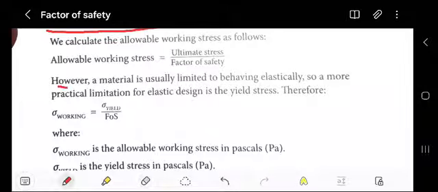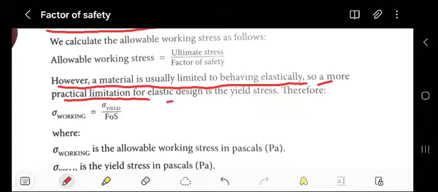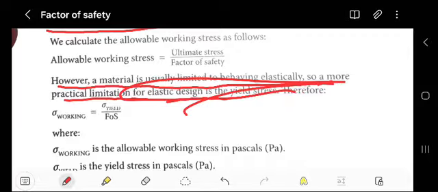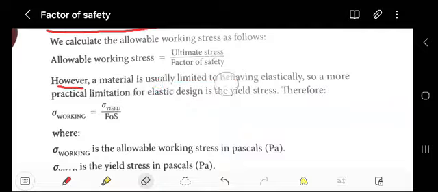Then it says here, however, a material is usually limited to its elastic limit, so a more practical limitation is the design yield stress. Therefore, we have the yield stress over the factor of safety, which gives the allowable working stress.